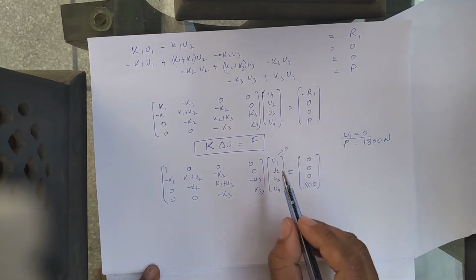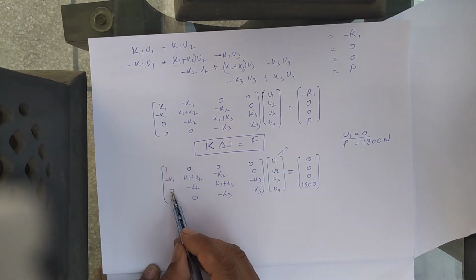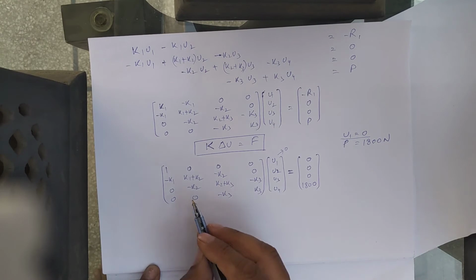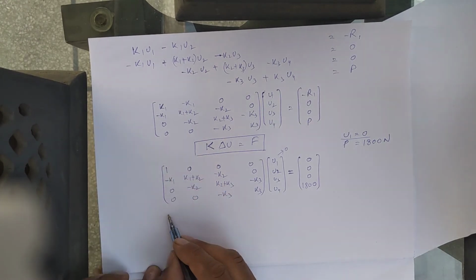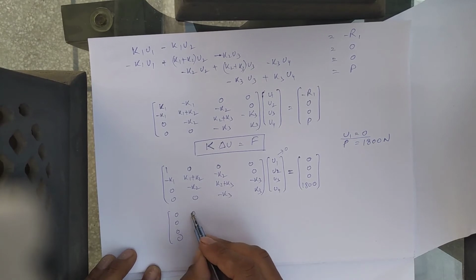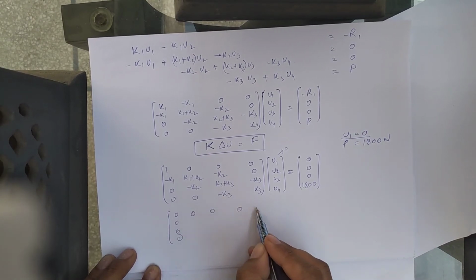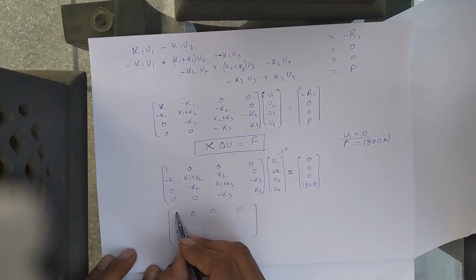So in the next step we can make the whole column equal to 0, right? So it's 1 over, you can write it 1.